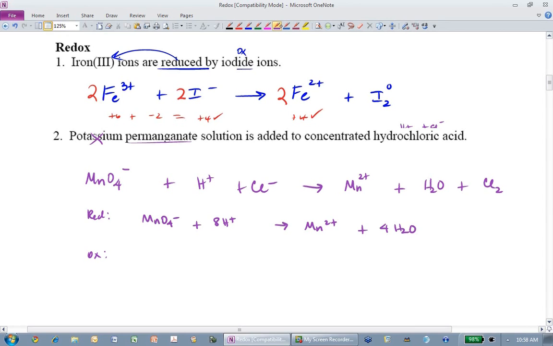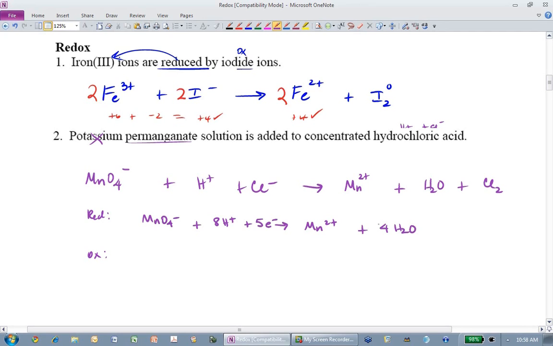I'm going to stay with purple. How many am I going to gain? I just did that math, it's going to be 5. One more time, where's the 5 come from? What's the total charge on the left before I add those electrons? It is plus 7. What's the total charge on the right? It is plus 2. What's the difference between 2 and 7? 5. So I add 5 negative charges to the plus 7 side to make it reduce down to plus 2 total.